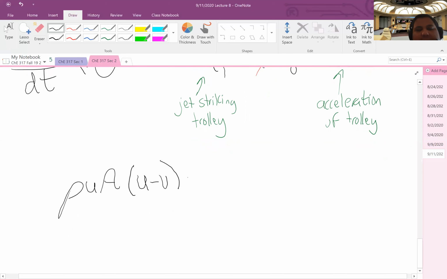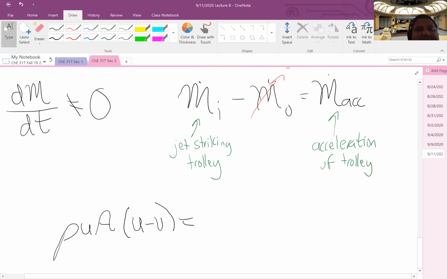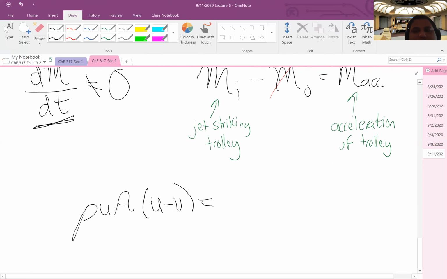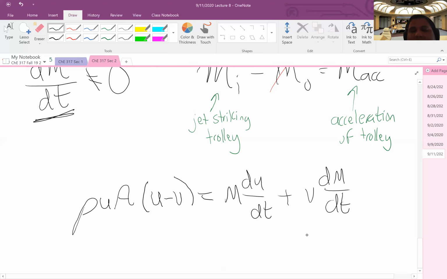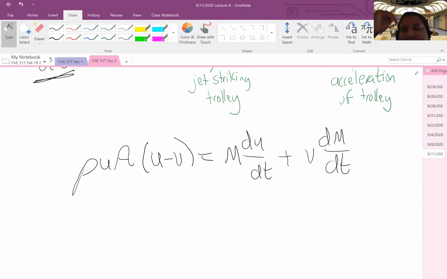And so if that's our net momentum in, then we consider, well, what's our accumulation, our dM/dt? I like to write dM/dt as mass times change in velocity with respect to time, plus velocity times change in mass with respect to time. It's v because our system is the trolley and it's moving at a velocity v.